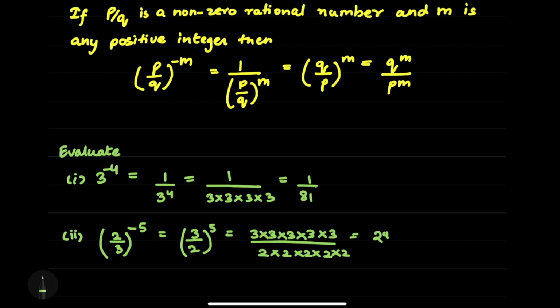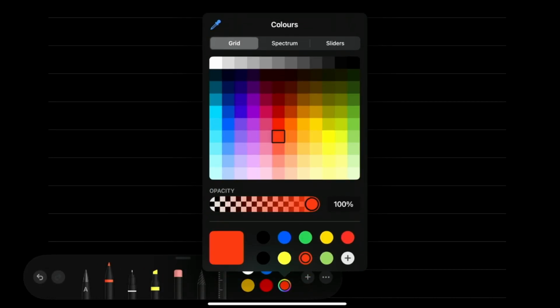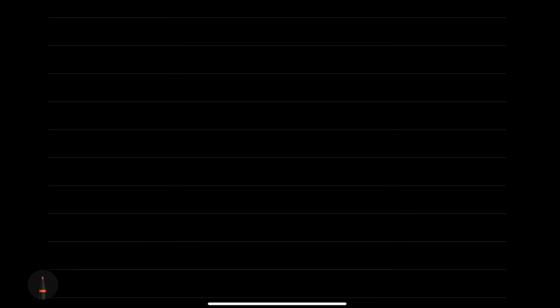And this comes out to be 243 divided by 32. So these are very simple examples that we can come across. Let's move on to something more challenging for our taste, and that is the law of exponents.